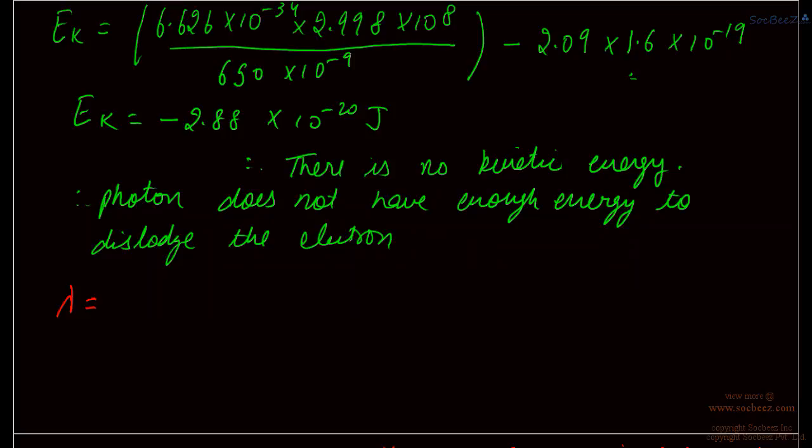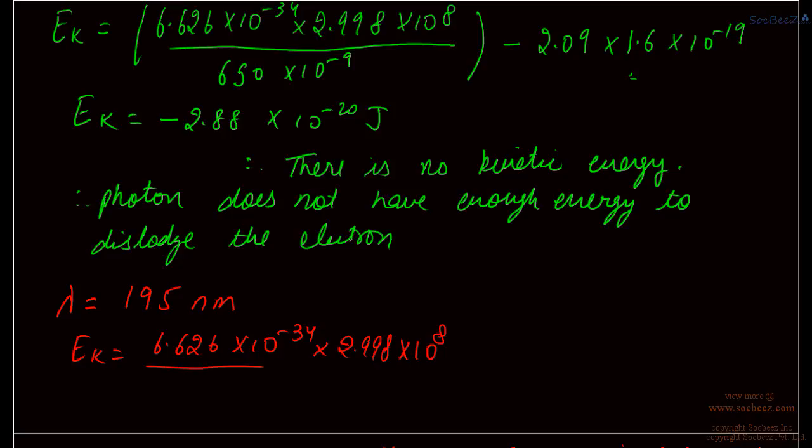Now if we increase the energy of photon, say we have increased it to another value of lambda, if we take it as 195 nanometer, then the value of Ek will be 6.626 into 10 raised to the power minus 34 into 2.998 into 10 raised to the power 8 divided by 195 into 10 raised to the power minus 9, minus 2.09 into 10 raised to the power minus 19 into 1.6.